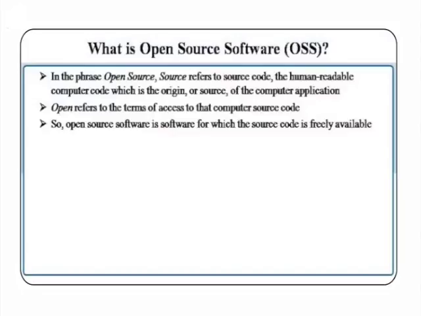Now let us select a software. Before selecting a software, I just want to introduce the concept of open source. So welcome to the open source world, the wonderful open source world, where you will see the word open.